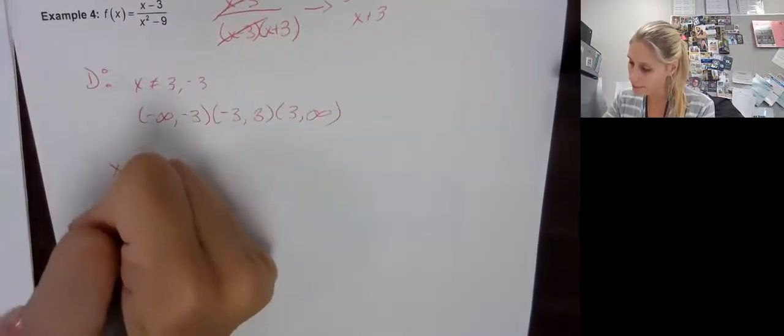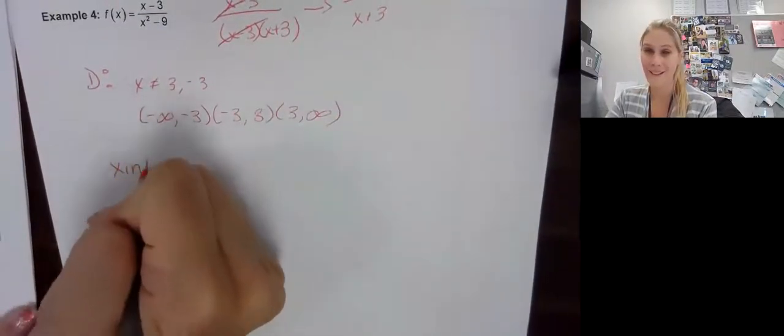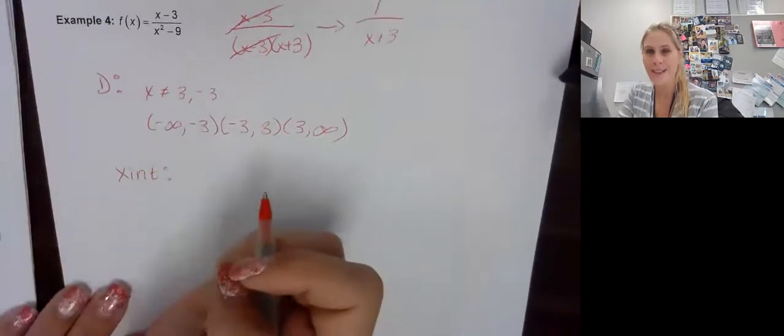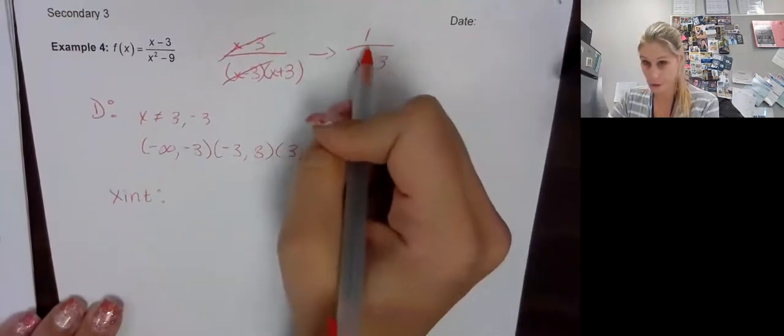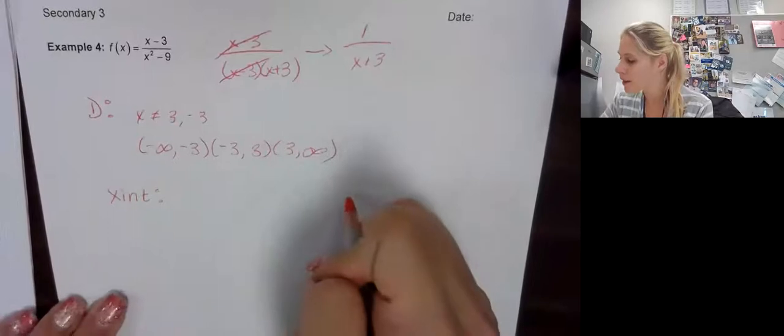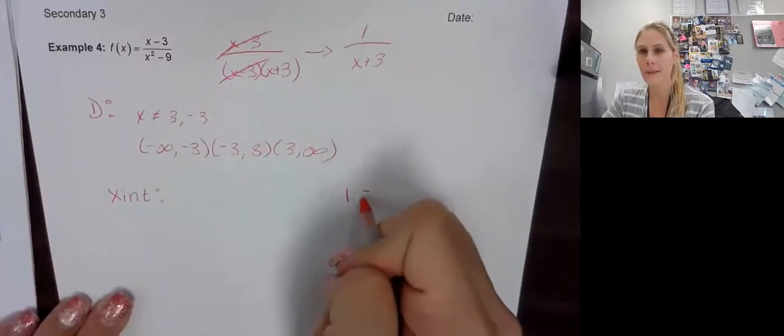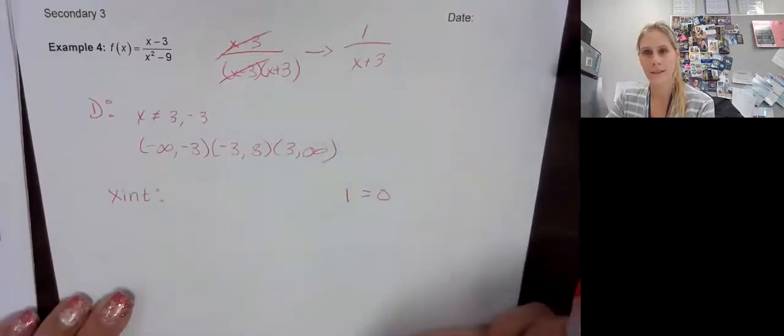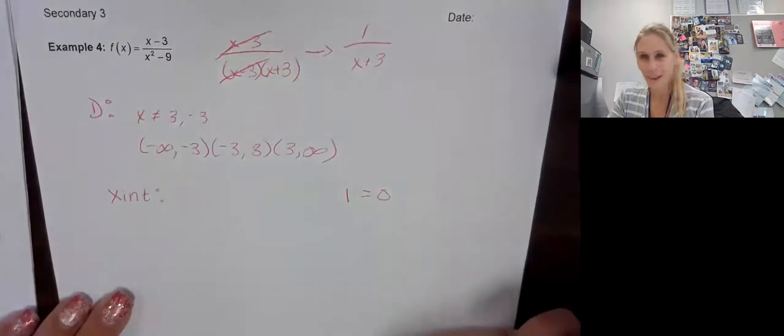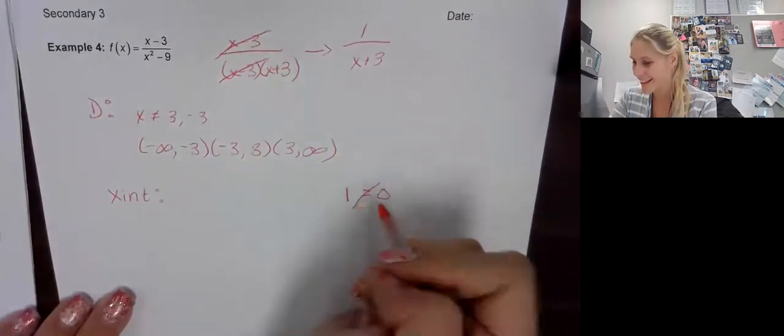Okay, x-intercept. This one, I like this one. This is a trick one, right? We take the numerator, which is in reduced form, and set it equal to 0. Wait a second. 1 can never equal 0. That can't happen.